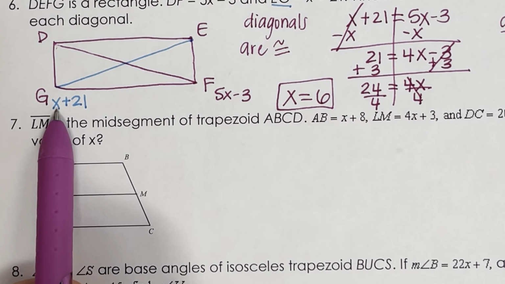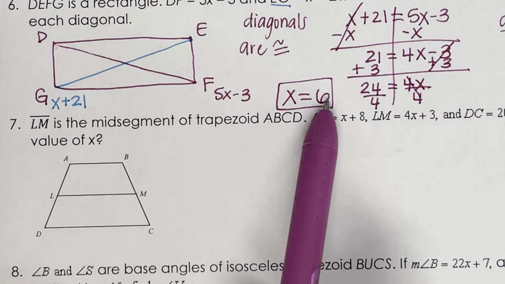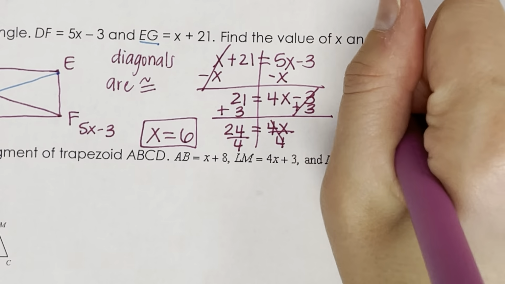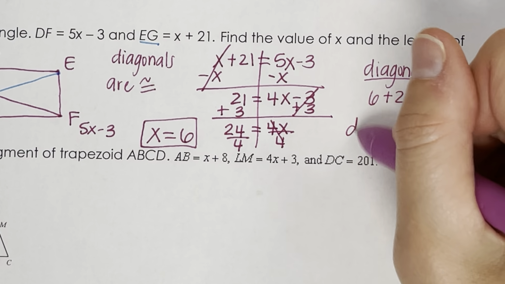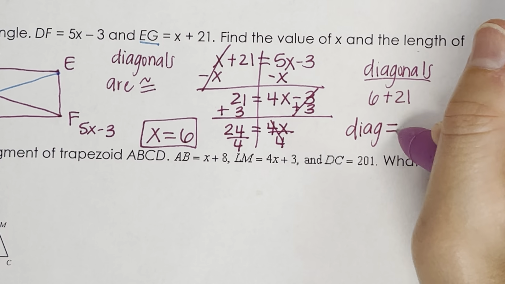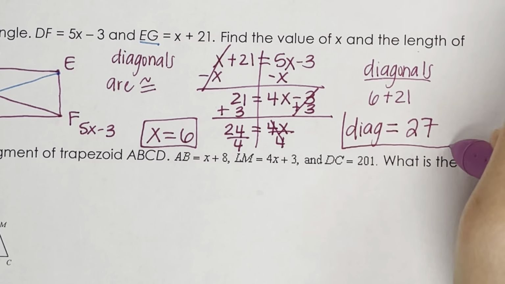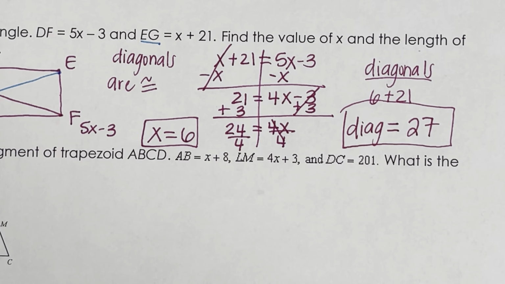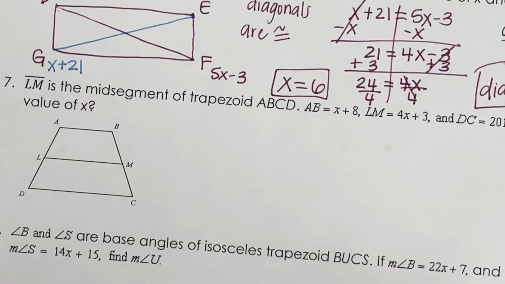This one right here is way easier. So x plus 21, instead of x, I'm gonna plug in a 6. So 6 plus 21, each of my diagonals is equal to 27. So you do have to take your answer and plug it in when you're finished.